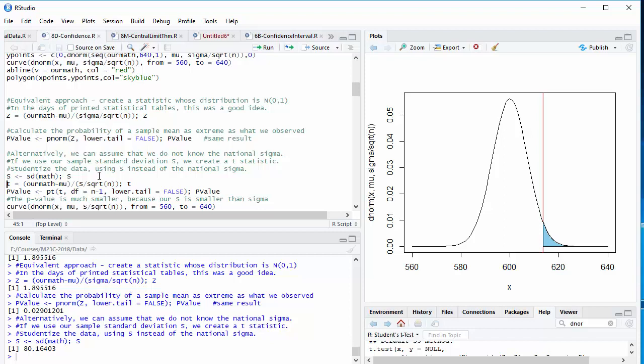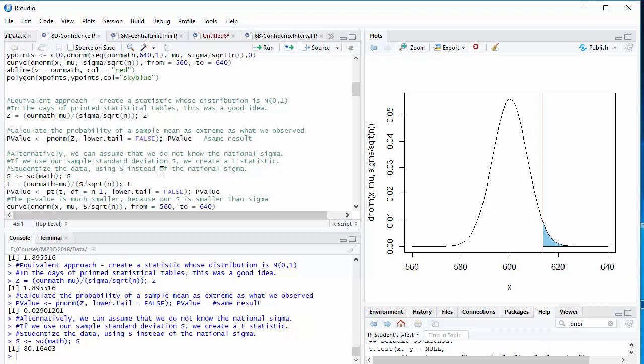This is interesting. The value came out to 80, which is leading me more and more to suspect that these data, which I carefully typed in, are not data from a real school at all. I think it's highly unlikely that a school with this large a sample would have a standard deviation so much smaller than the national average.